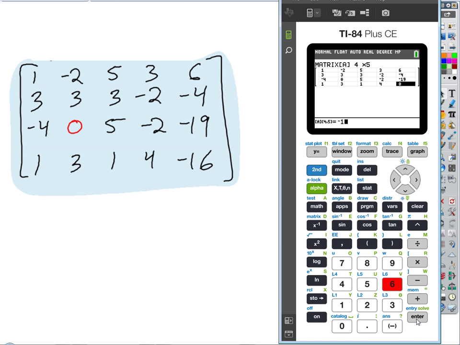Okay, there it is. Fine. Got the matrix. Now what?